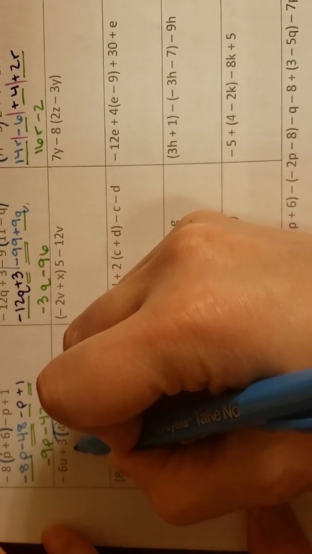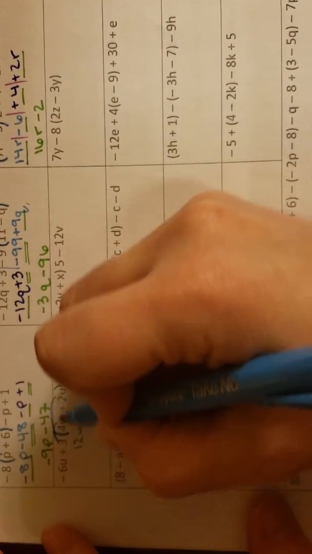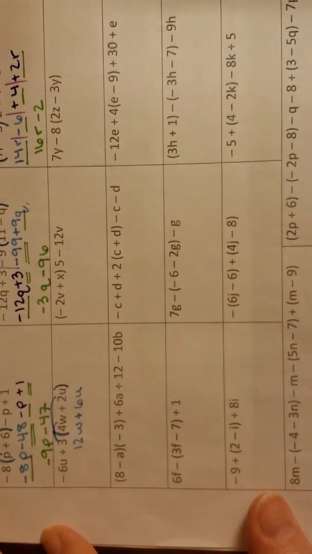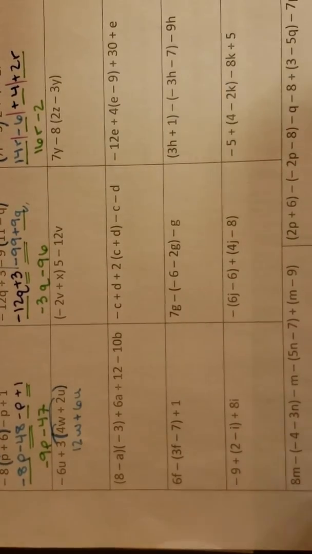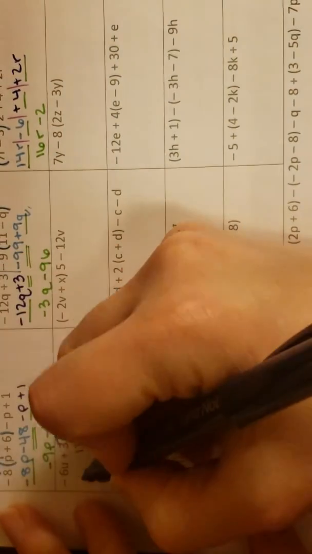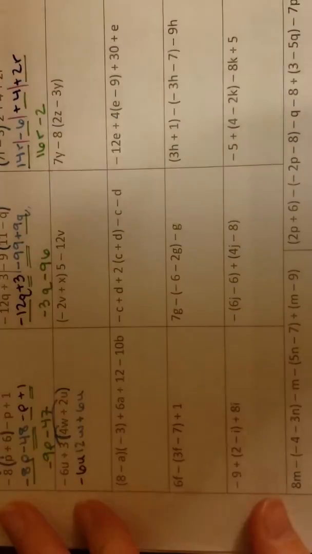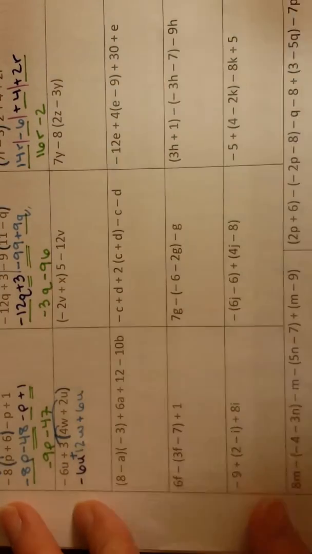3 times 4 is 12 W's. 3 times 2, 6 U's. All of that was positive. Makes things a little bit easier for us. Bring down what's left. Ooh, what kind of 12W do I have? That's positive, right? Okay.